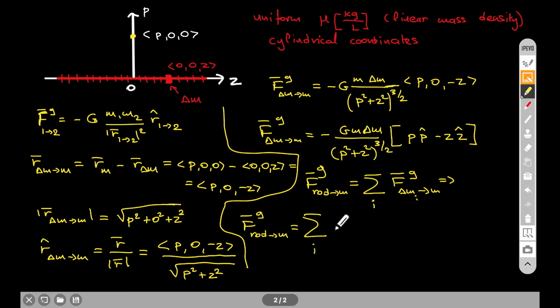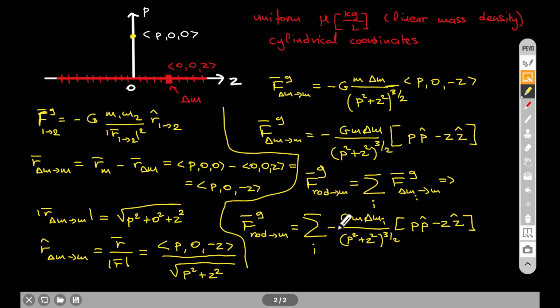So this will be the sum, and now I'm using the result that I found before, G m delta m sub i over rho squared plus z squared to the power of 3/2. Now, this expression will give me the gravitational force from the entire rod.